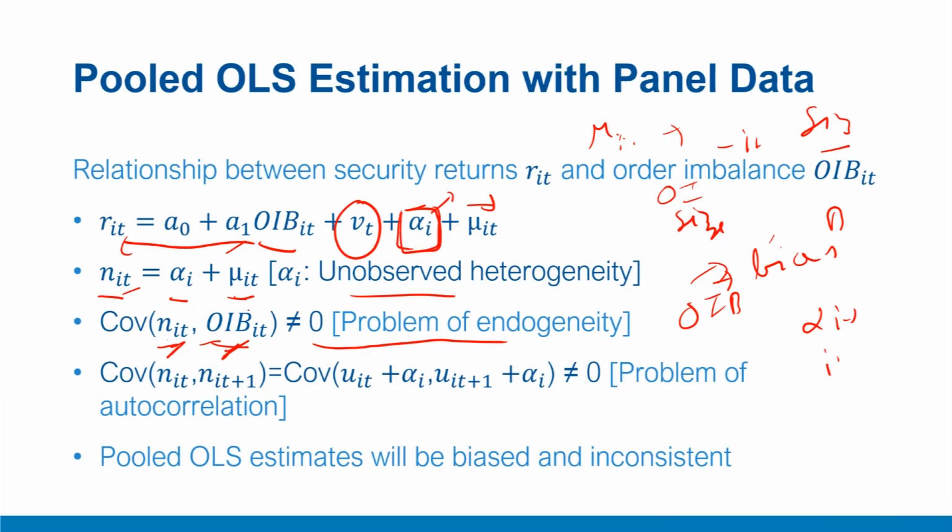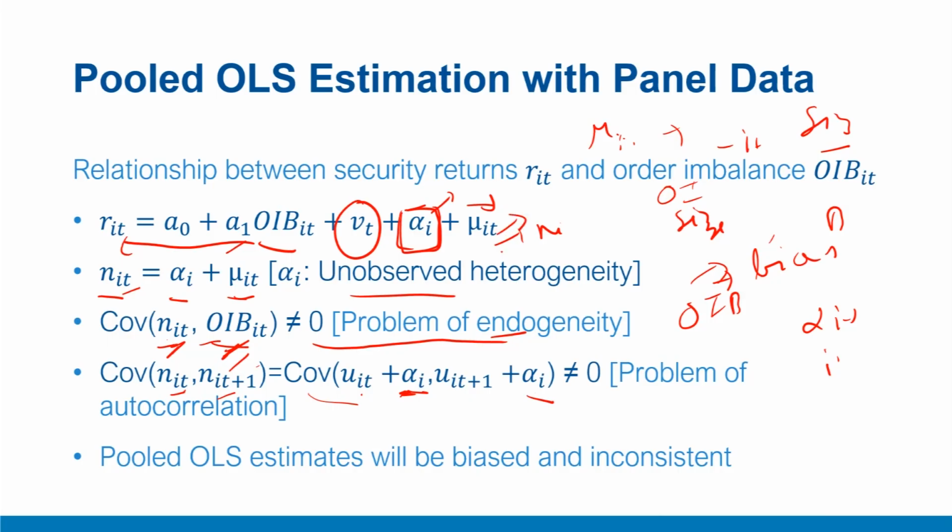Another problem, which is not as significant as problem of endogeneity but still important, is that now your new error terms like eta it and eta it plus 1 will have a common term which is alpha I, and this is true for all the error terms, that is eta it minus 1, eta it minus 2, eta it plus 1 and so on. Because of this common alpha I, the covariance of eta it and eta it plus 1 is non-zero, despite the fact that in the original errors there may be no serial correlation.